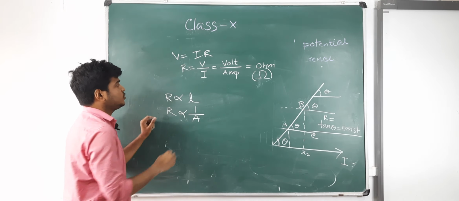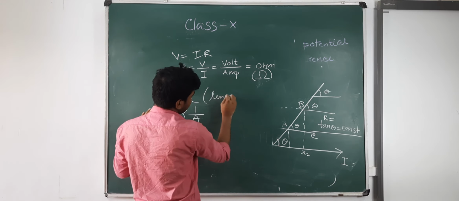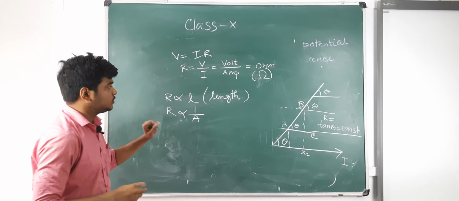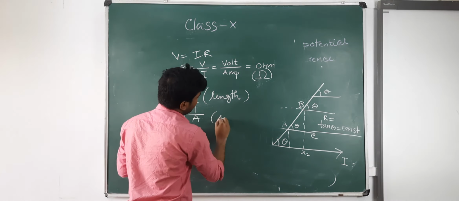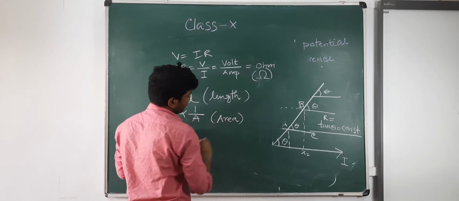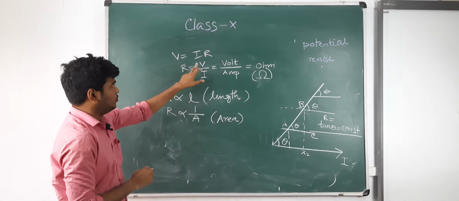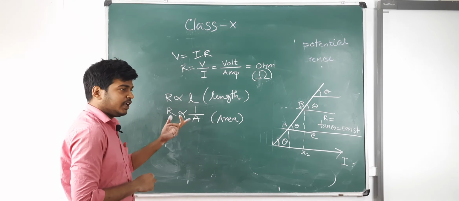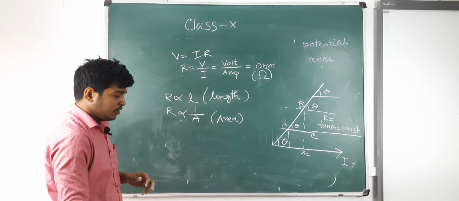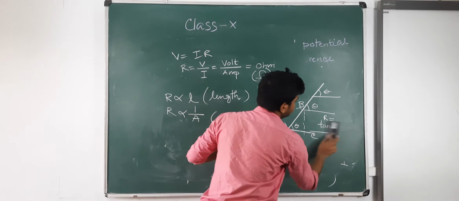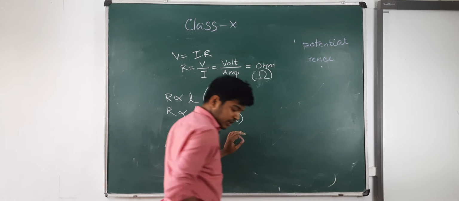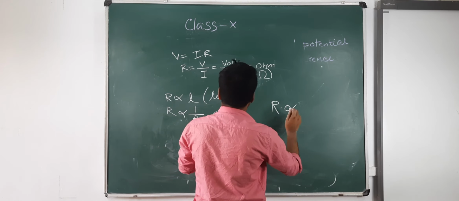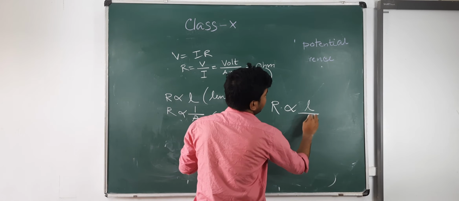R is directly proportional to the length of the conductor and inversely proportional to the area of the conductor. R does not depend upon voltage or current, but depends upon the length and area of the conductor. So from these two relations, we can say that R is directly proportional to L by A.